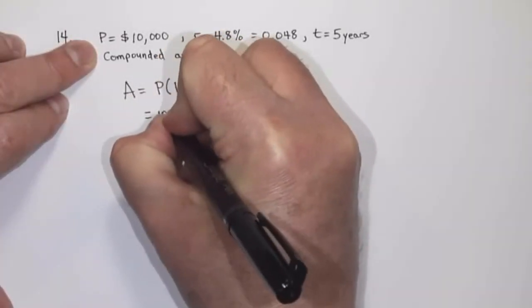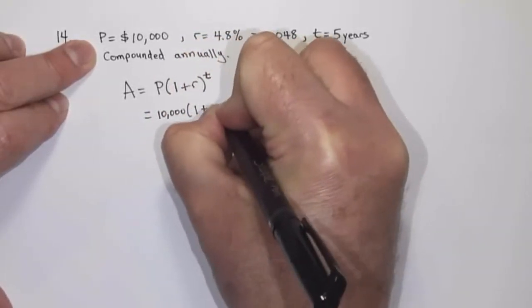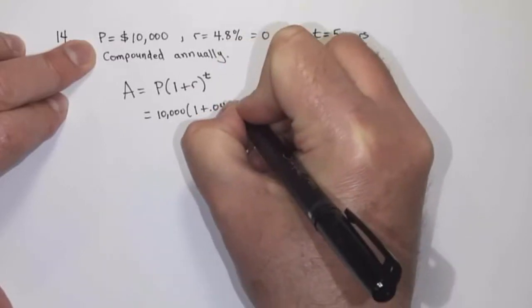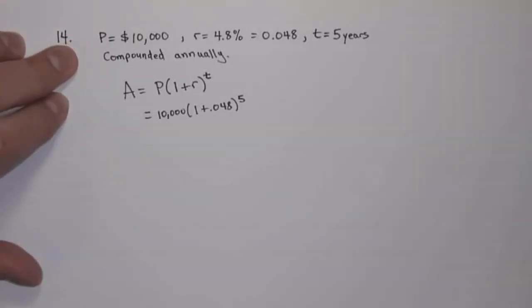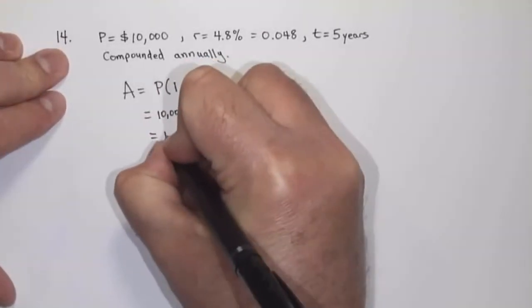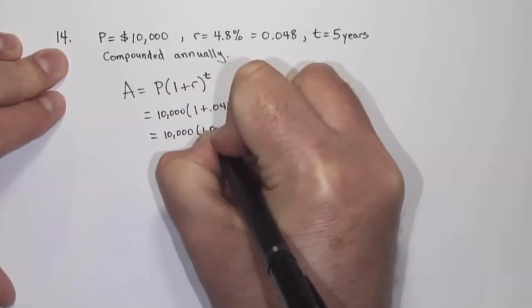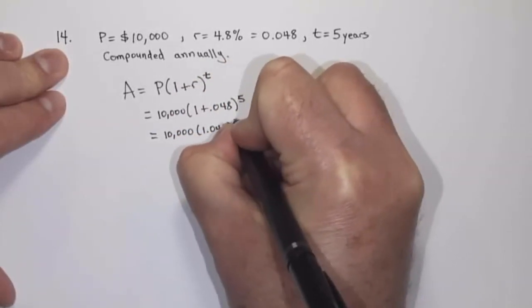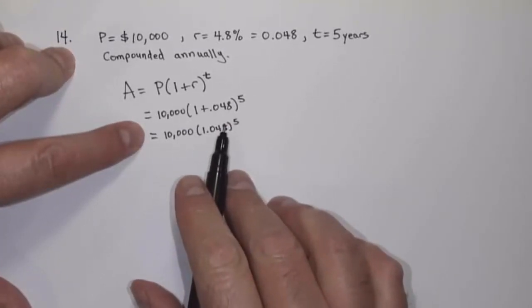So that's going to equal 10,000 times 1 plus 0.048, our rate in decimal form, raised to the 5th power. Now 1 plus 0.048 in the parentheses is 1.048. So I have 10,000 times 1.048 raised to the 5th power.